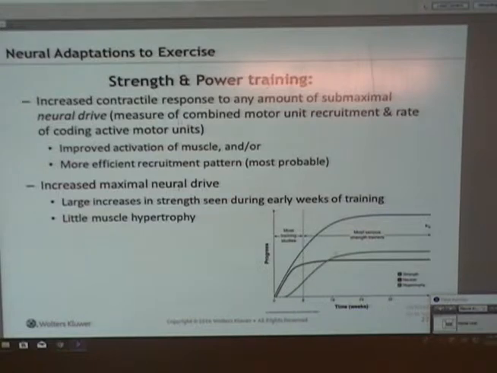and we speed up how quickly those motor units can react, the ability that they have to alter the action potential generation. How quickly can they initiate that action potential improves with training.